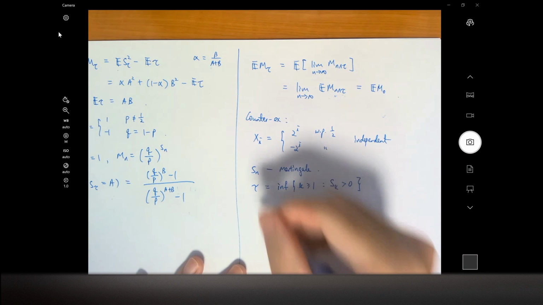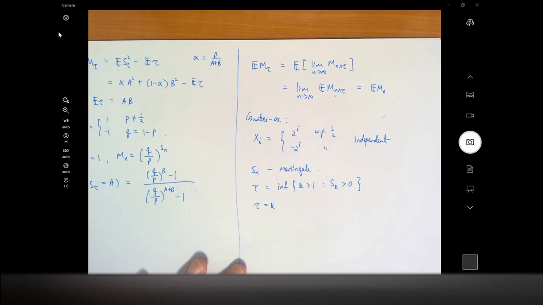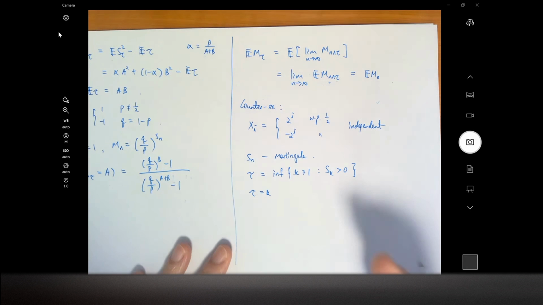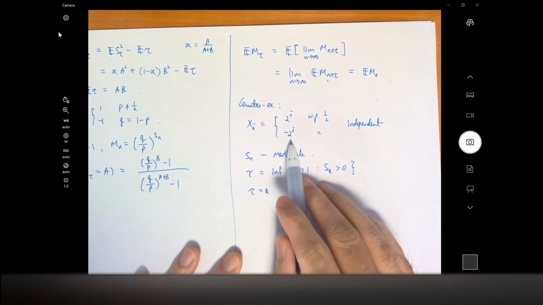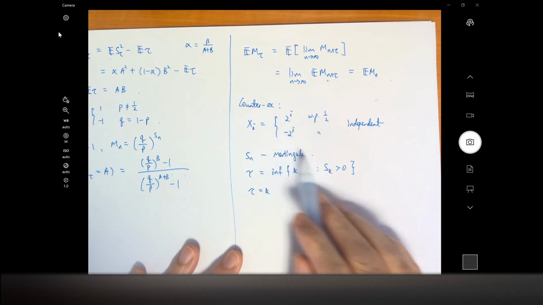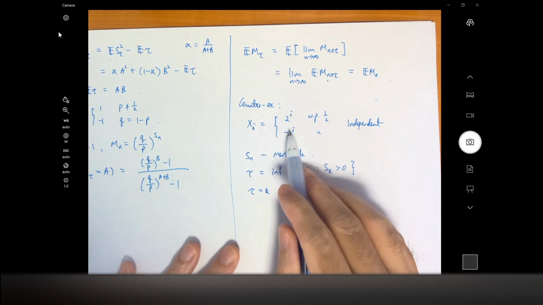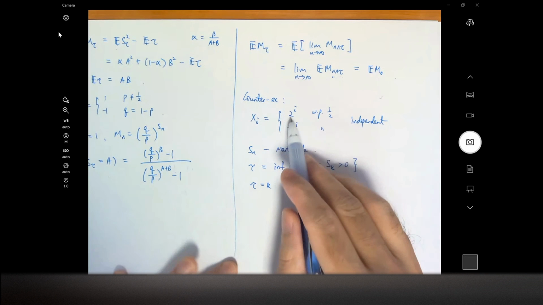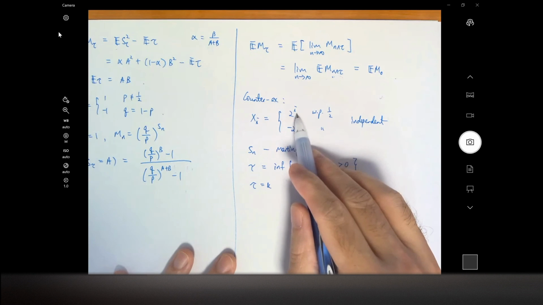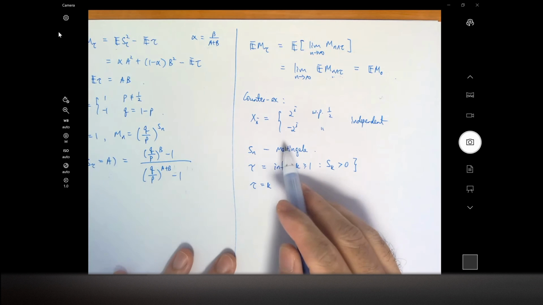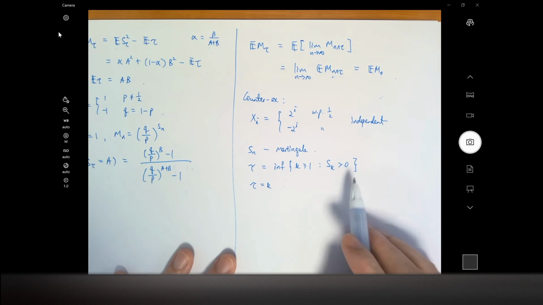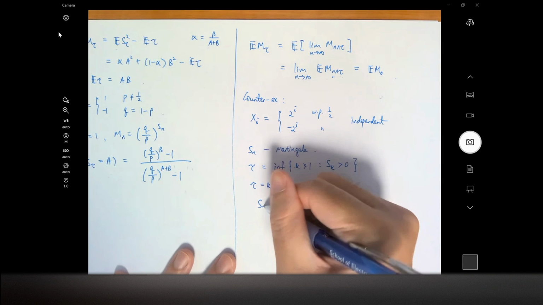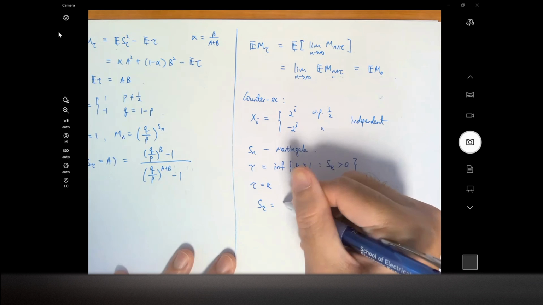So if you look at this stopping time, if let's say my tau equals k, this is the first time that my Sk is strictly positive, okay, strictly positive. This means what? If you look at this process, it means that, because each time, if at a particular time I get Xi equal to 2 to the power i, then the sum, everything summed up, will be strictly positive. So if k is the first time that Sk is strictly positive, that means my S tau equals Sk.